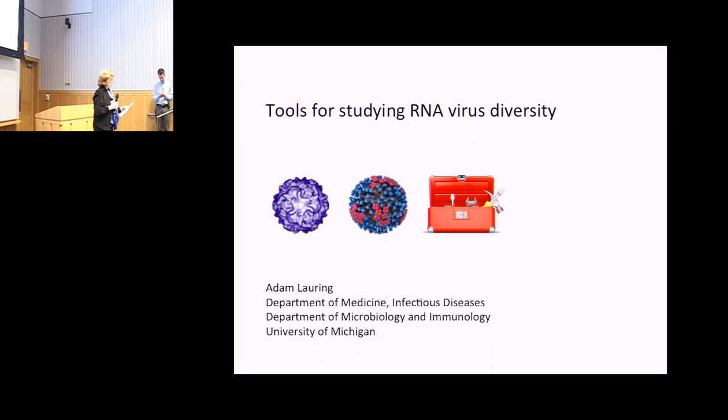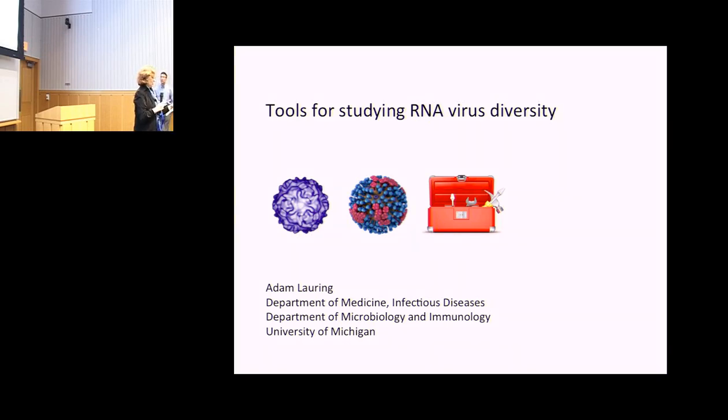So it's a real pleasure to introduce Adam Lowering, who's our speaker today. Adam received his PhD in molecular biology in 2000 at the University of Washington, and he also received his medical degree from the University of Washington. During his graduate studies, he focused on retroviral pathogenesis using the feline leukemia virus model.